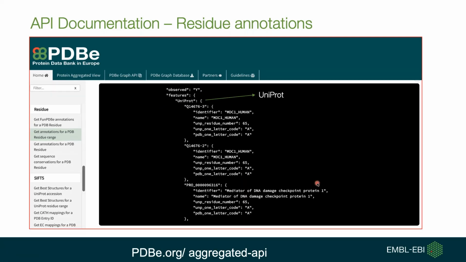Inside the features field, each type of annotation has its own space. For example, UniProt, and each UniProt accession here, here, and here, and its corresponding annotations. Its corresponding residue mapping can be seen for them.